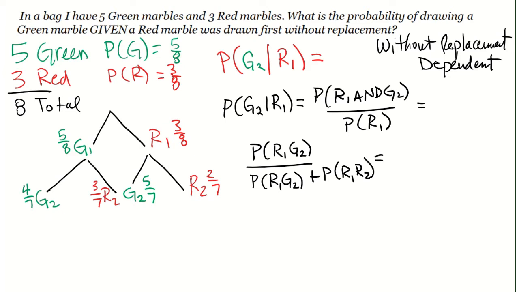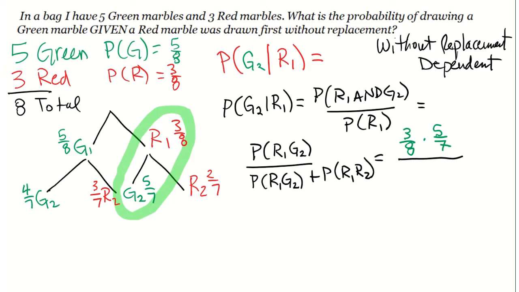So once again, let's visually look at the sample space so we can see what it is that we are calculating. The first thing we're looking at is we want to draw a red and then a green. So that is this right here. We're going to put those numbers on the top, so that's 3/8 for my red and 5/7 for my green.